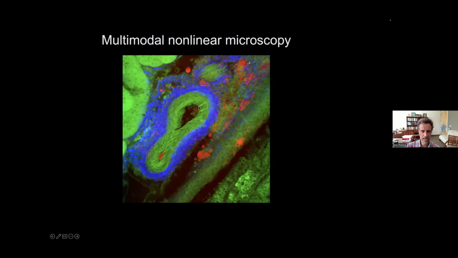And this then is a combination of different kinds of these techniques. You see here a piece of a kidney, and there's a blood vessel here. You see elastin here in green. Around it, you see the collagen. You see a lot of other structures here. In red, you see the lipid through CARS. So we have three different modalities: two-photon excited fluorescence, second harmonic generation, and CARS.